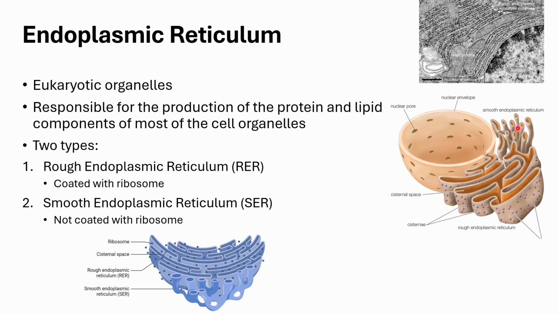The reason why it's called rough endoplasmic reticulum, abbreviated as RER, is because it's coated with ribosomes. The presence of the ribosomes makes it look like a rough surface. And the smooth endoplasmic reticulum, abbreviated as SER, is called smooth because it's not coated with ribosomes.